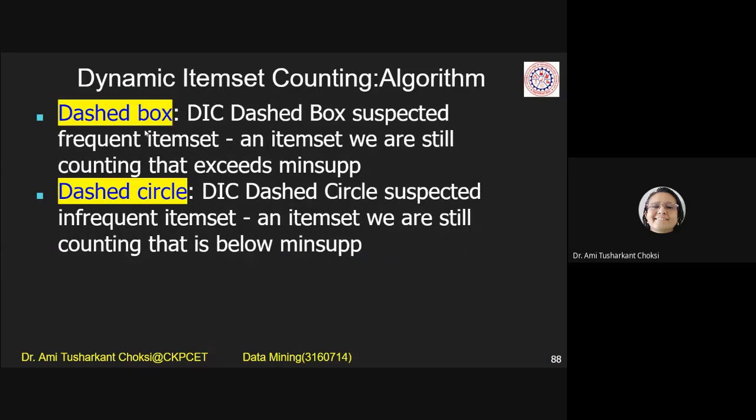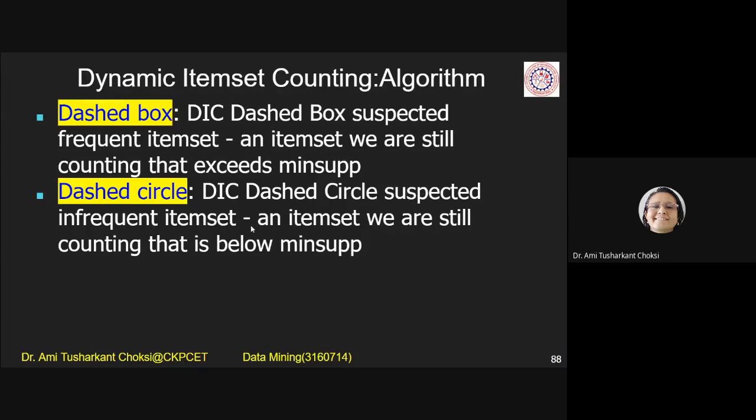Dash means suspected. Dash box means suspected frequent item set. What about dash circle? Dash means suspected, circle means infrequent, so dash circle means suspected infrequent item set.